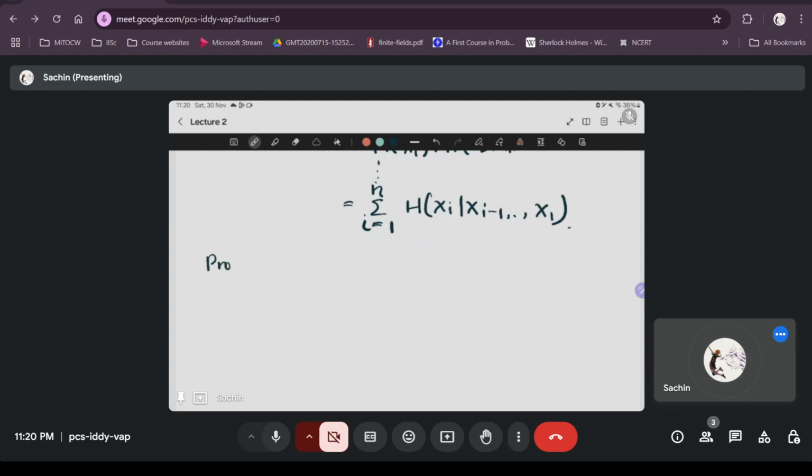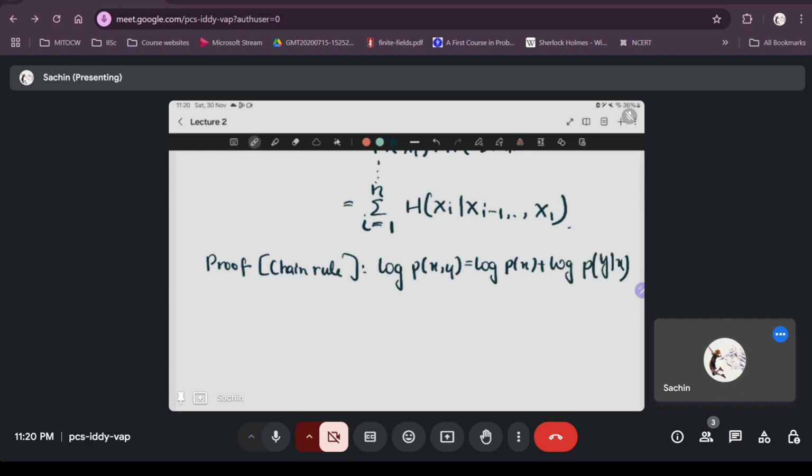So the proof of this chain rule for two variables would be: log of p of x comma y is log p of x plus log p of y given x.